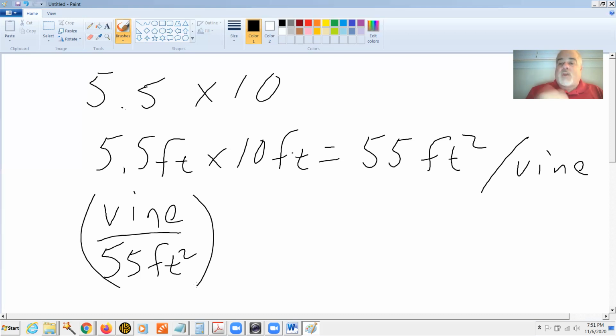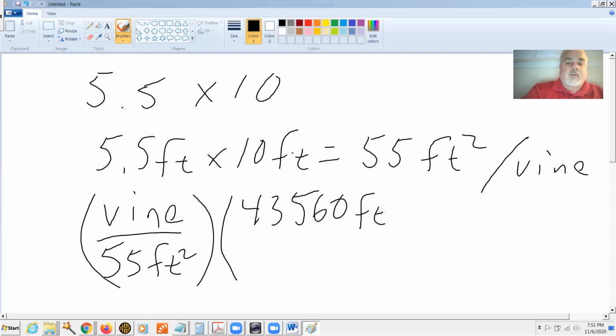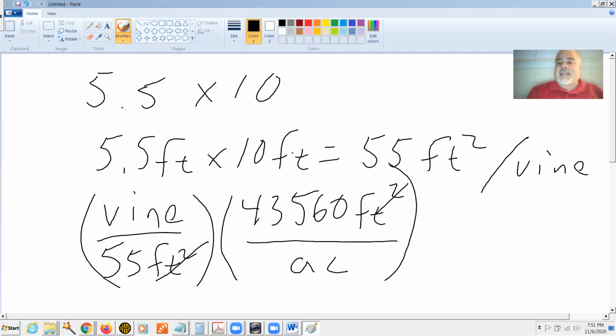But both ways, whether 55 square feet is in the top or vine is in the top, it's true either way. I also know that there are 43,560 square feet per acre, right? So what does that mean? Square feet, my units cancel. If I have the same thing in the top and the bottom, they cancel.